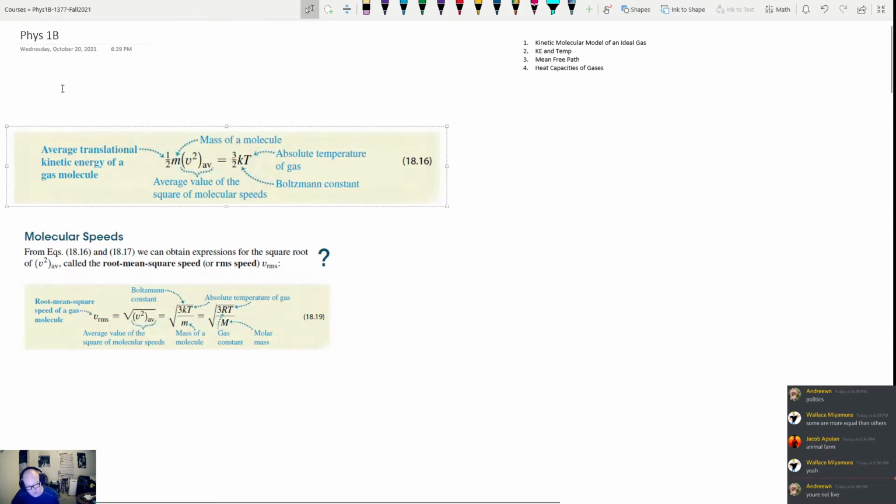In fact, when you're outside on a cold day, like tonight, it's kind of cold, right? If you go outside and you feel cold, one way you could interpret that is that the air around you has molecules that are moving slowly compared to the molecules in your skin.